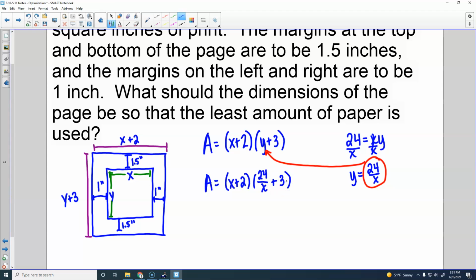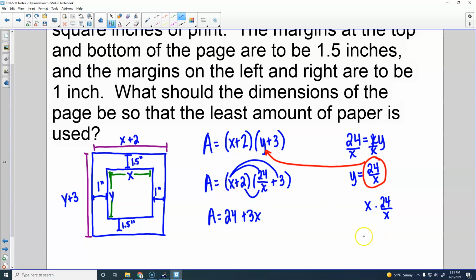All right, to take this derivative, you could use a product rule, but I would probably distribute. So what are you going to get when you do X times 24 over X? Just 24. And then you've got plus 3X.